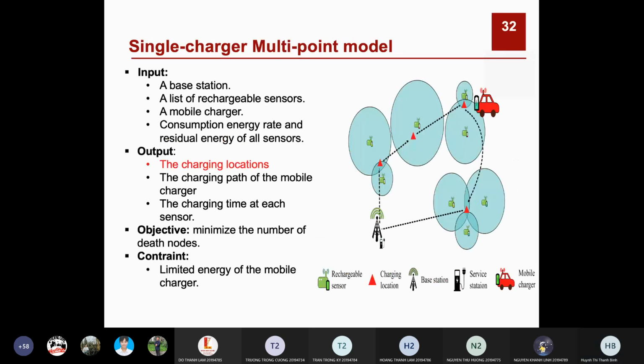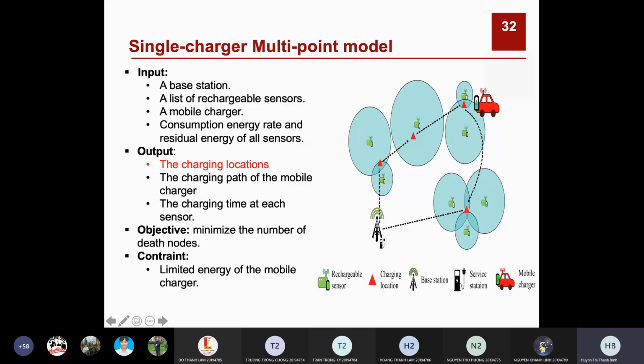And another problem is the single charger multi-point model. In this problem, we have one mobile charger, one base station, and some rectangles.